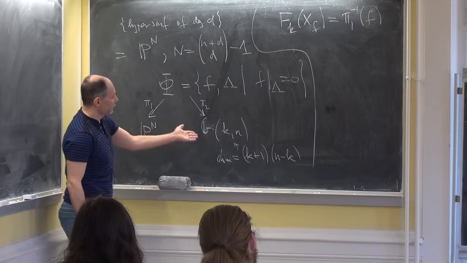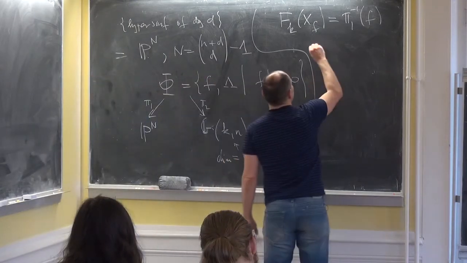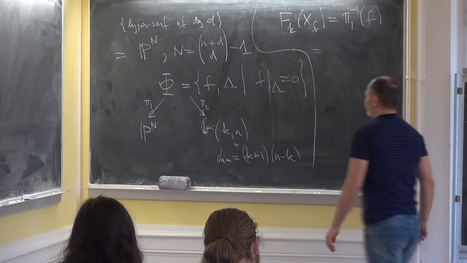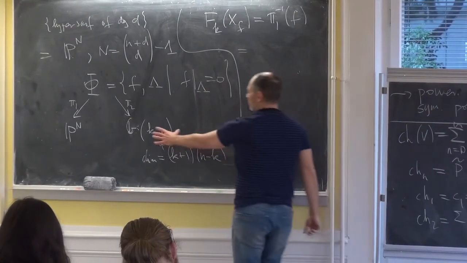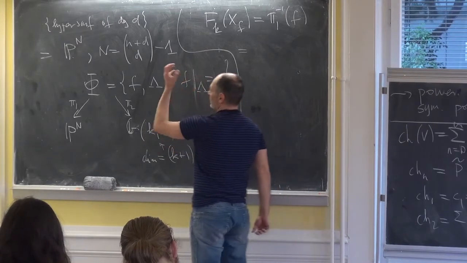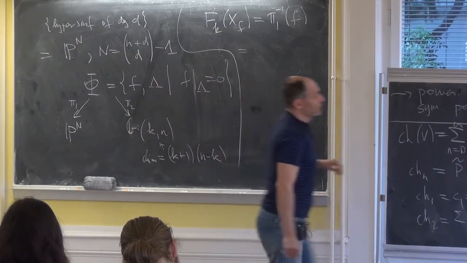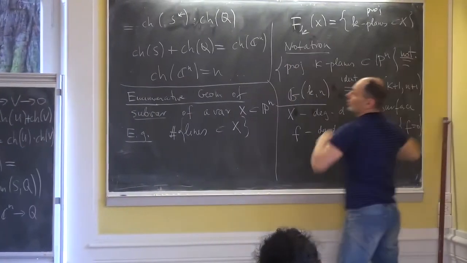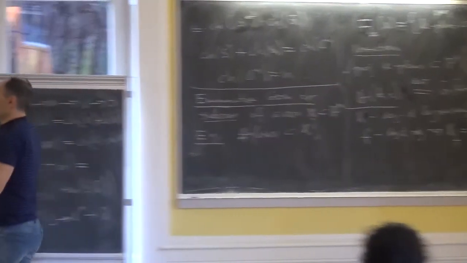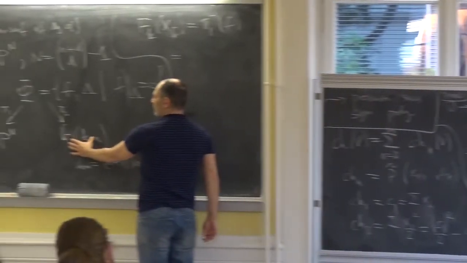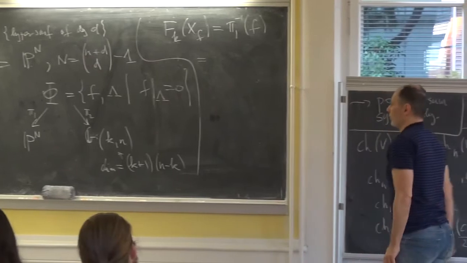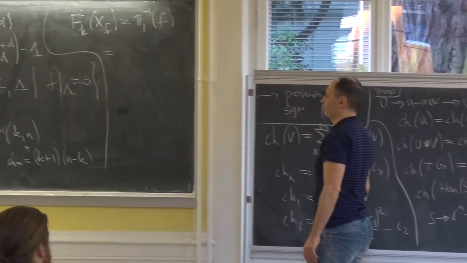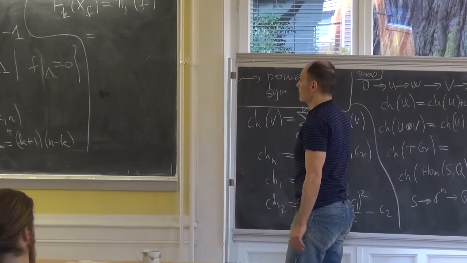But looking at the other side, this is just equal to the 0 section on the Grassmannian. Instead of looking at f directly and trying to calculate the planes on it, which mentally seems reasonable, we look at this as a subset of the Grassmannian of planes that are in a particular variety. And that's fairly easy.